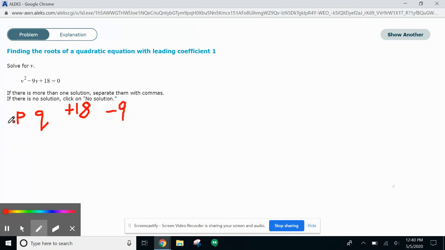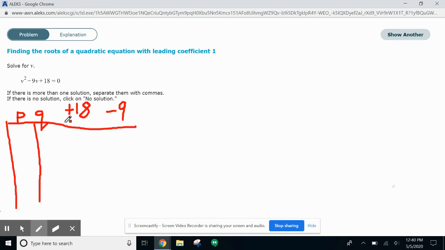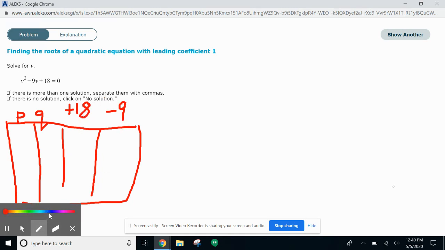So now I have this table here with P and Q. And now I have two numbers that multiply to positive 18 and add to negative 9.